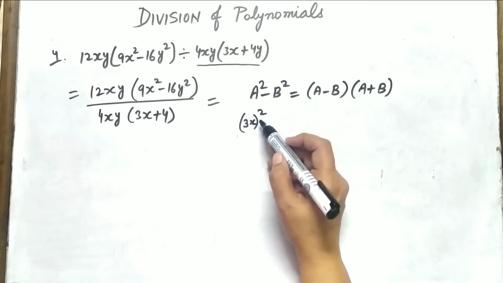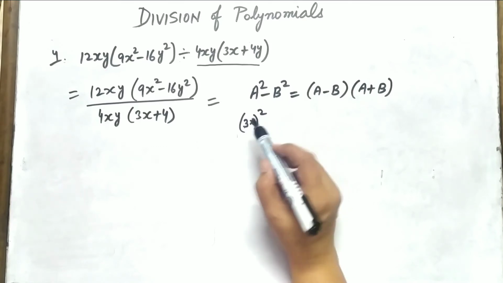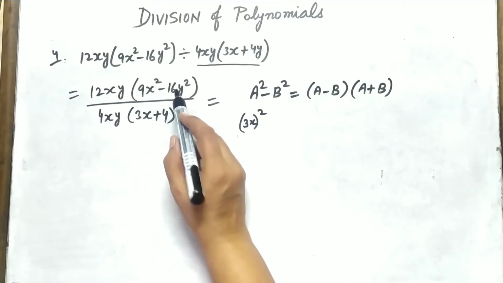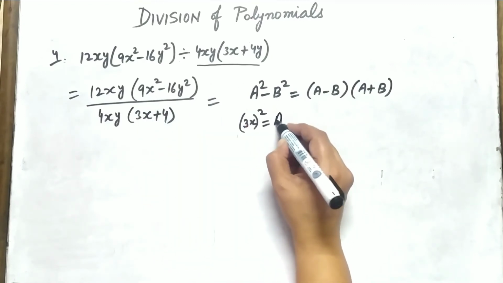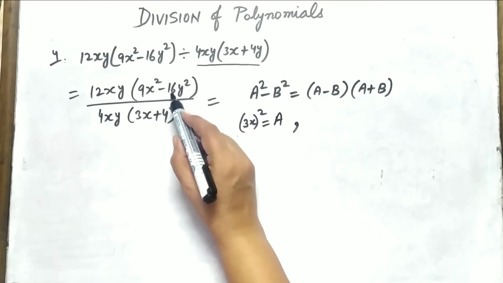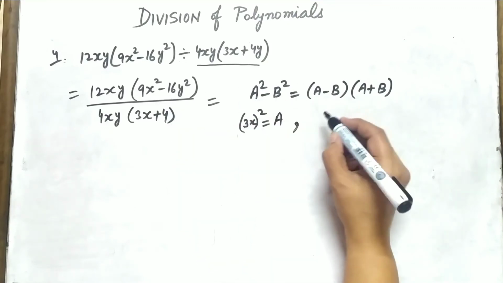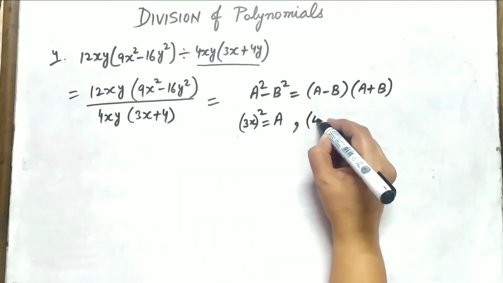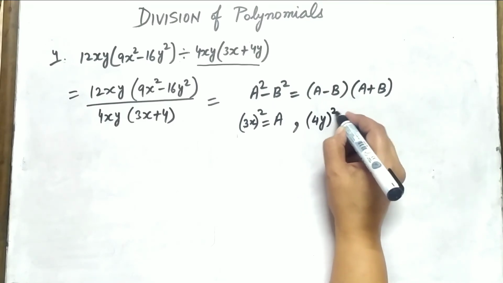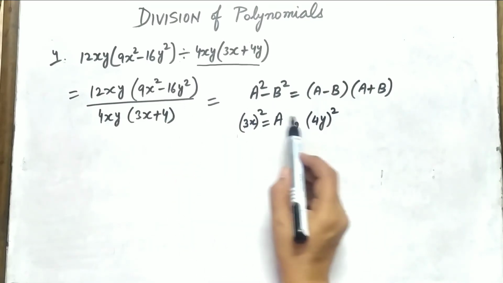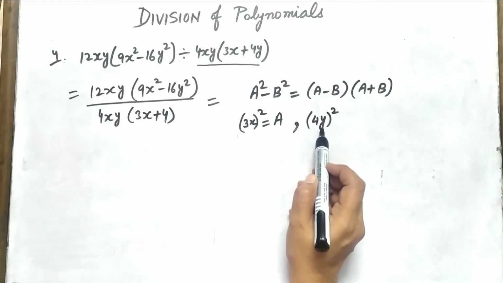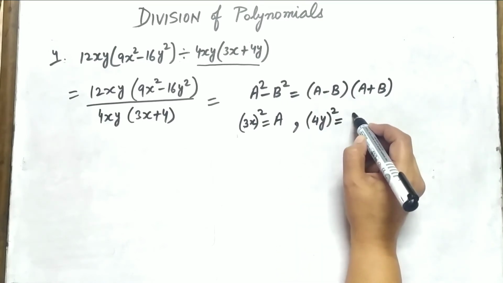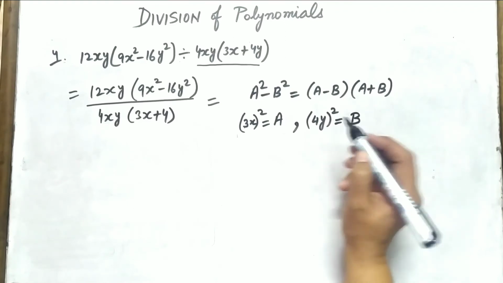When we open this bracket, we get 3 square is 9, x square is x square, 9x square. Similarly, this is our a. Similarly, we make this term the square of 4y. Square of 4 is 16, square of y is y square, and it is our b.